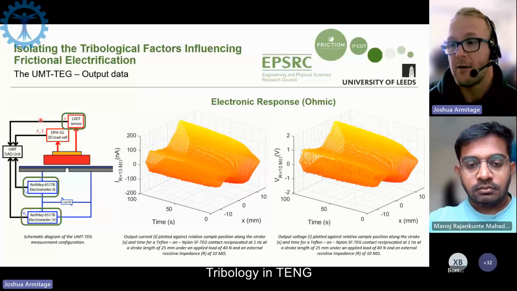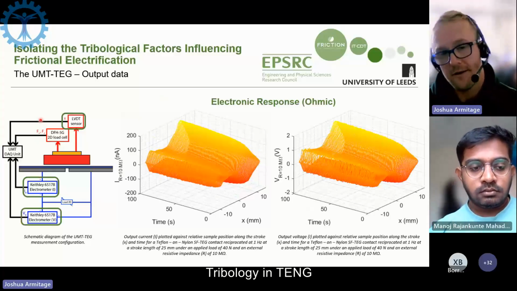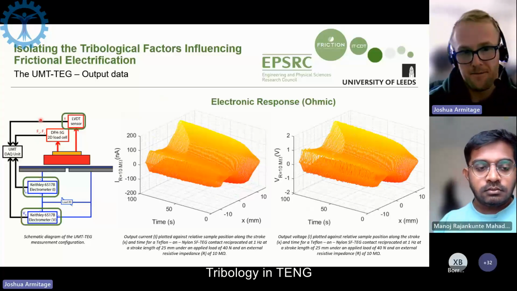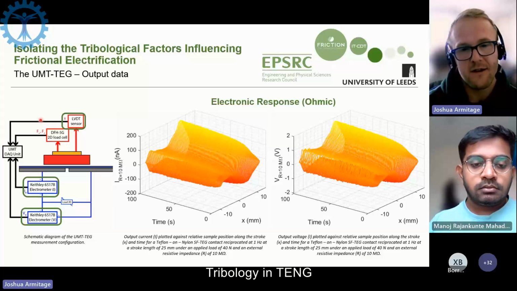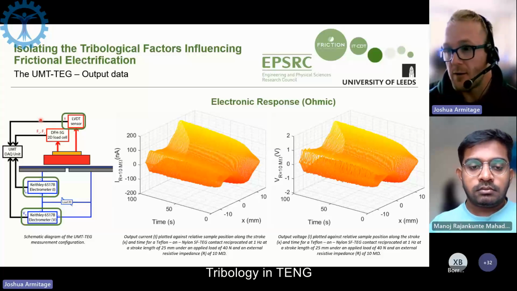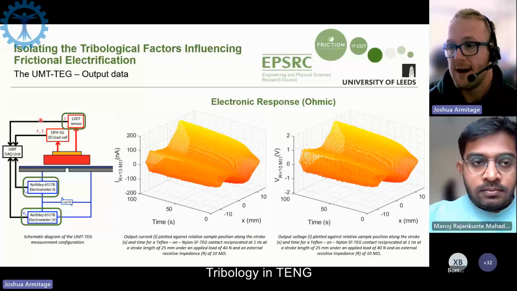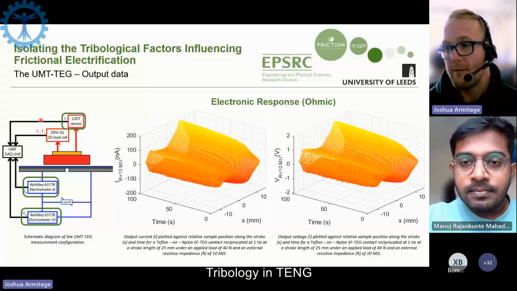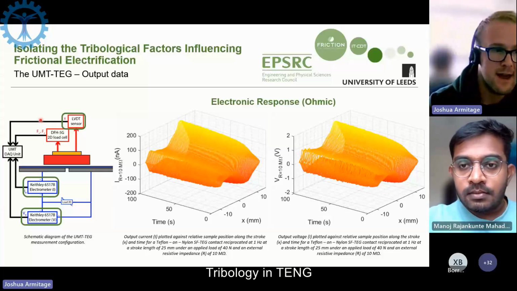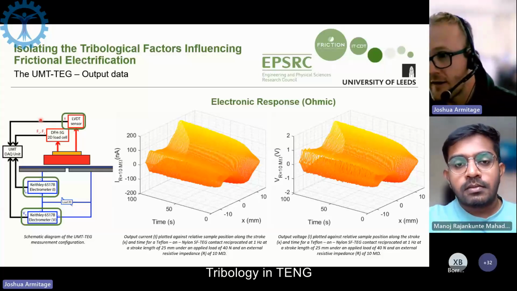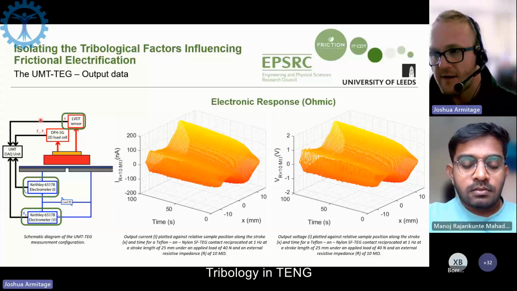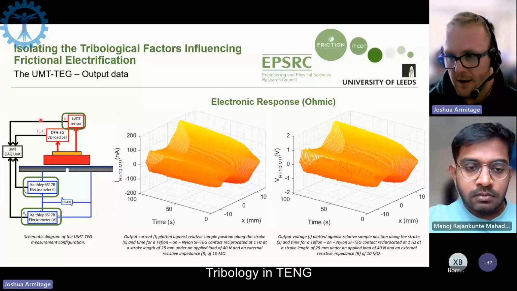As we have our forward and reverse stroke, we have a forward and reverse current. And as we change the resistance between the two electrodes, we're able to modify the electronic properties that we're measuring. Here we just have a fairly low resistance. It's 10 megaohms, but compared to an open circuit, that's incredibly low.